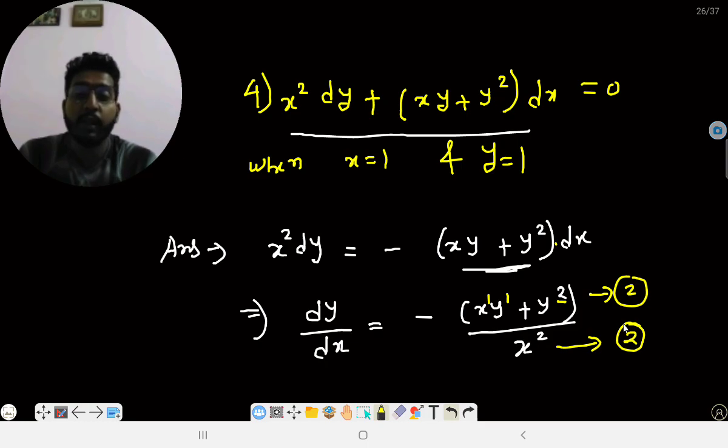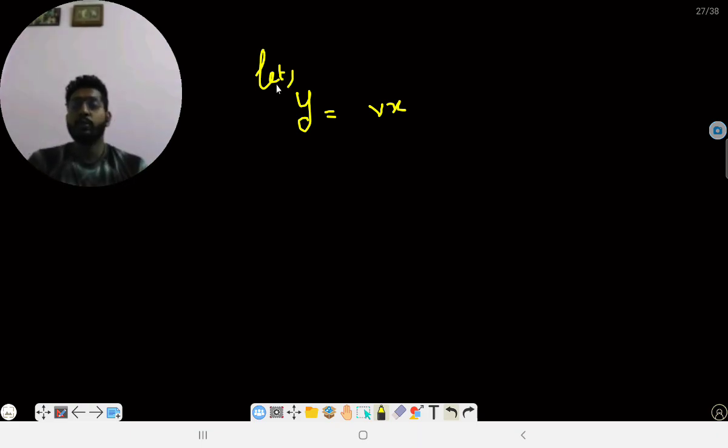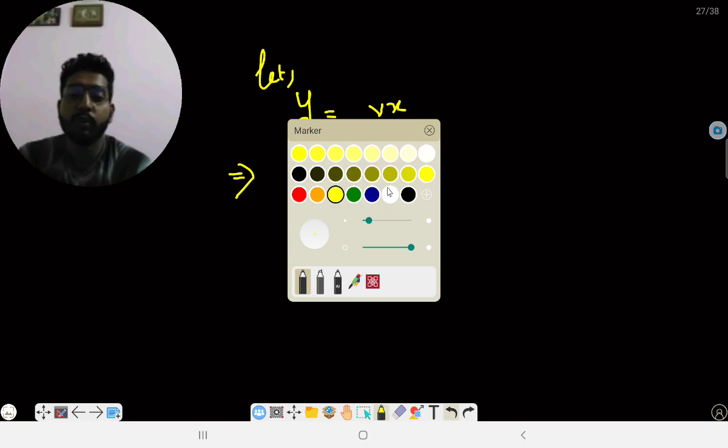Both are the same, so this is a homogeneous function, therefore we can take y equals vx. Whenever there is a homogeneous function we can take y equals vx. Now find the differentiation with respect to x.